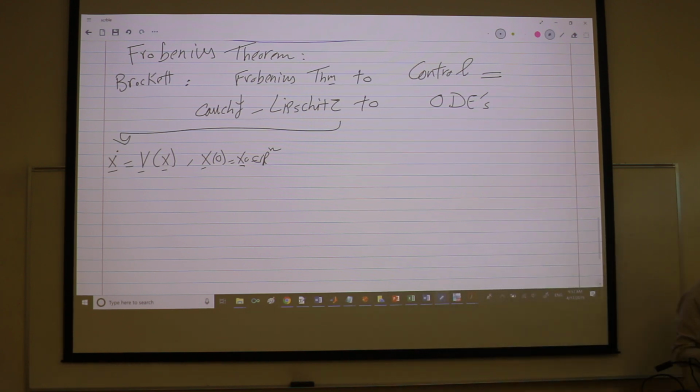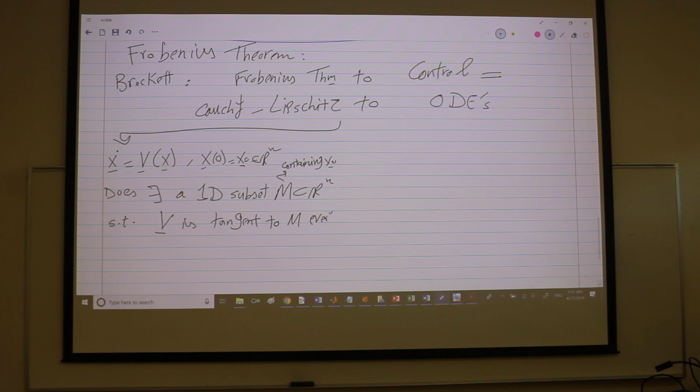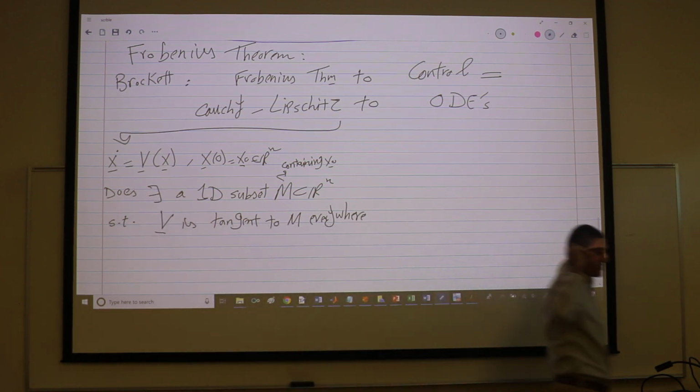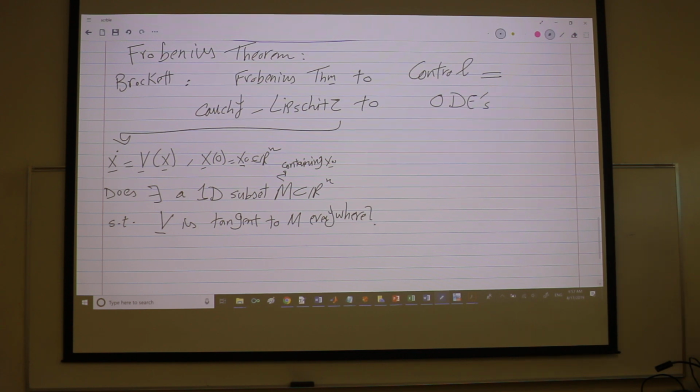And the existence question is, does there exist a 1D subset M that contains x0 such that V is tangent to M everywhere? I mean, the question about existence of solutions of the differential equation can be written in this form, right? Any question about that?